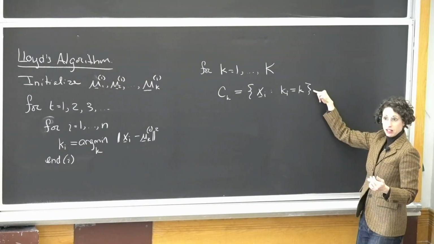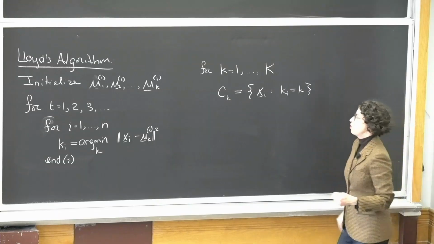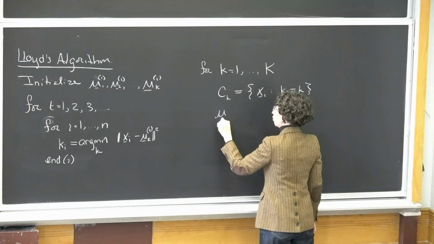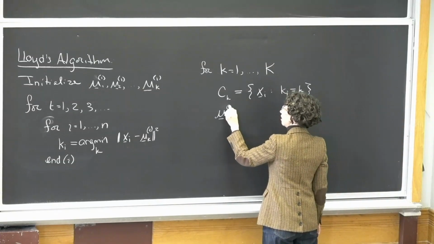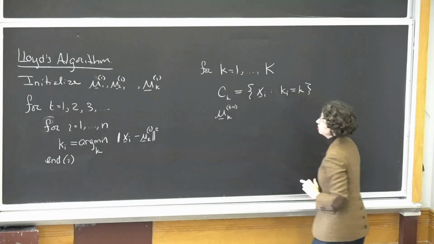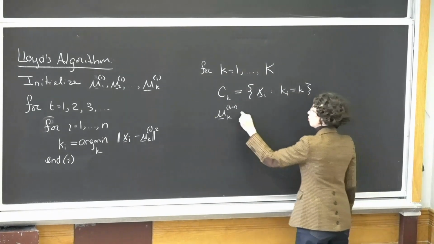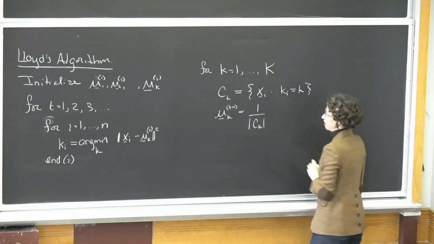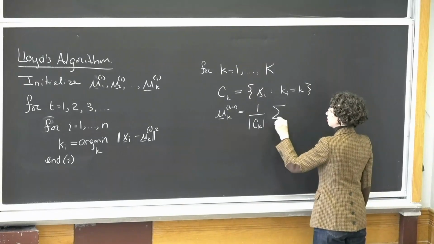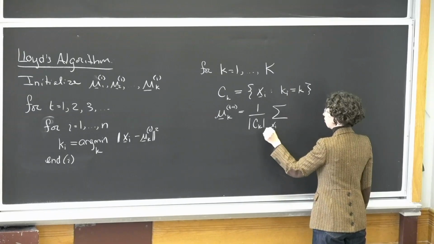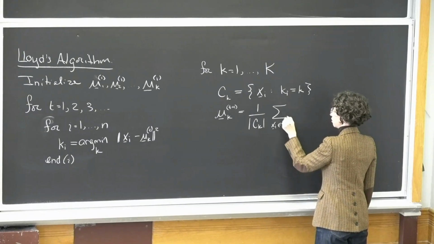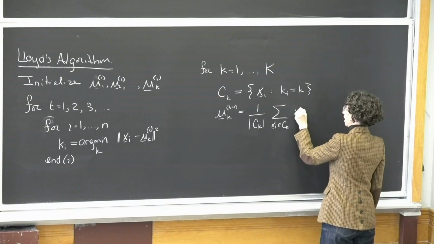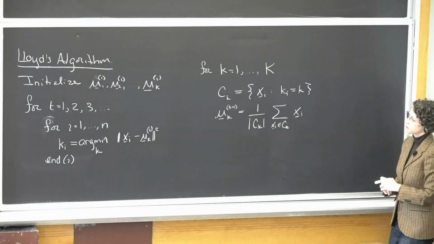Once we've defined our new cluster here, we are going to update the mean. So our mu_k for the next iteration, t plus 1, is going to correspond to 1 over the size of that cluster times the sum over all the points in the cluster, and we're just averaging those points.